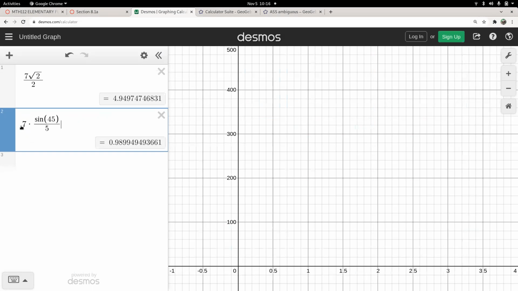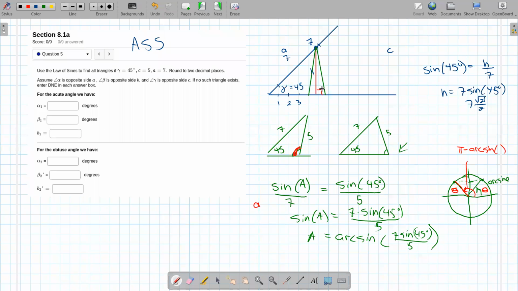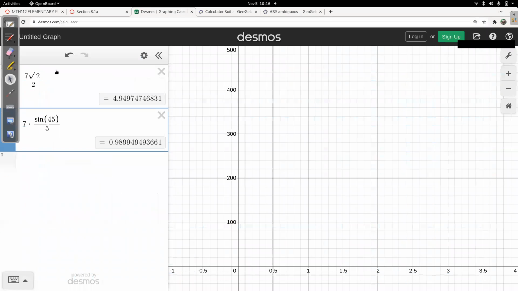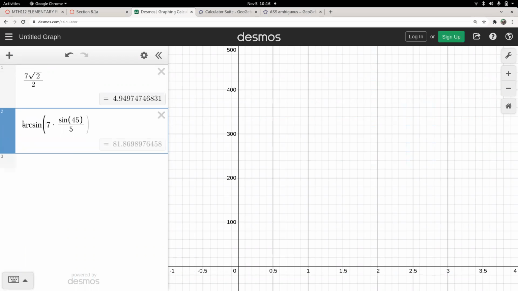And then we want to take the arcsine of that whole thing. Now, I really don't need that number separately if I look back at my notes, but I just wanted to double check there. Yeah, that's the value of the sine. We don't need that. We need the actual angle. So I'm just going to back up here and take the arcsine of that fraction. And I get an angle of 81 degrees.